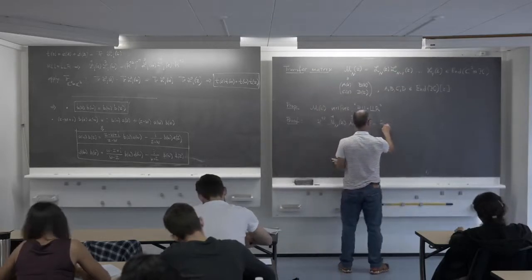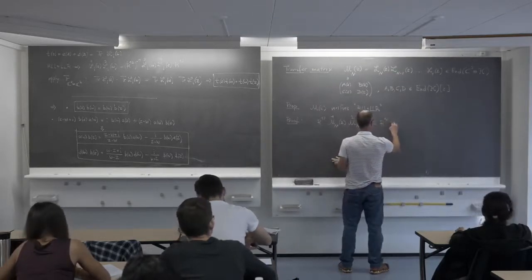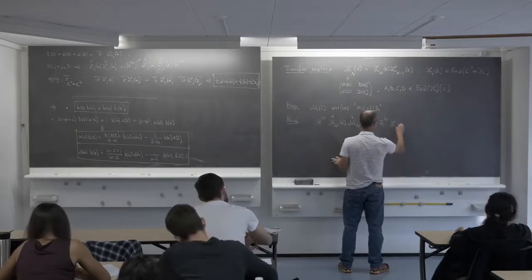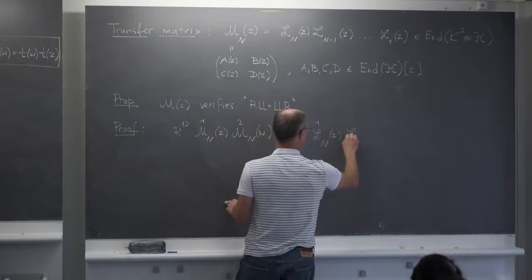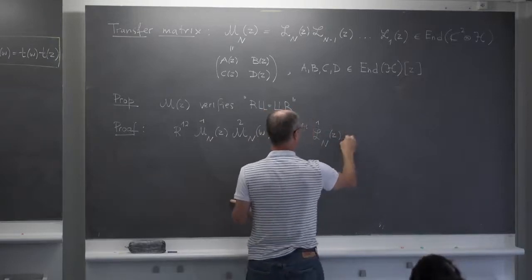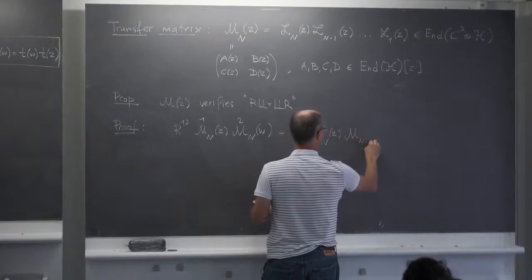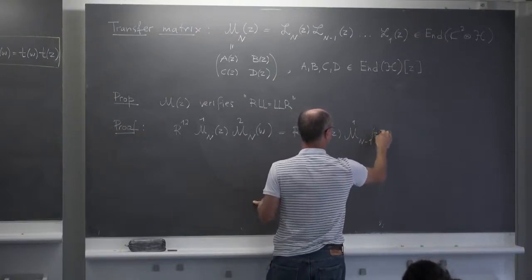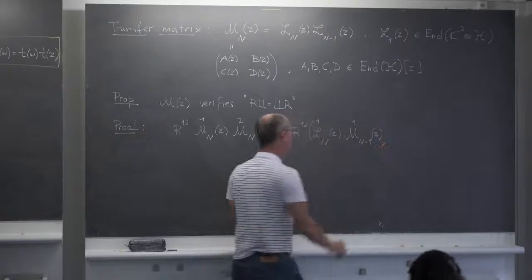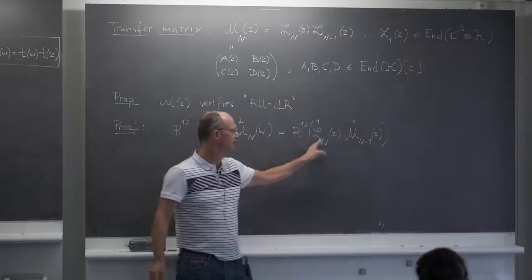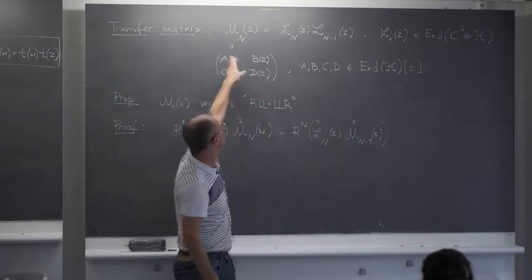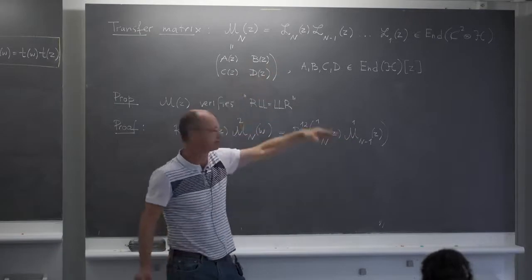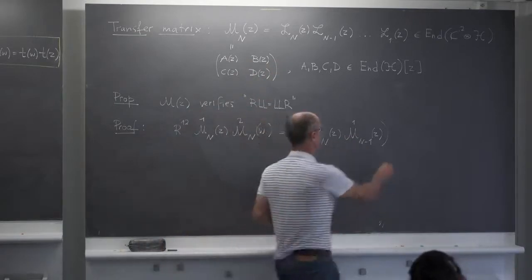Well, let me rewrite it in the following way, right? Mn is actually a product of Ln times Mn minus 1, right? Just by definition of Mn. So the product of all the rest, that's Mn minus 1.